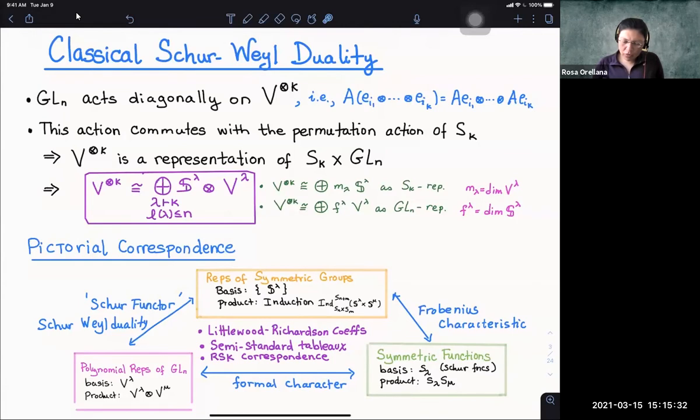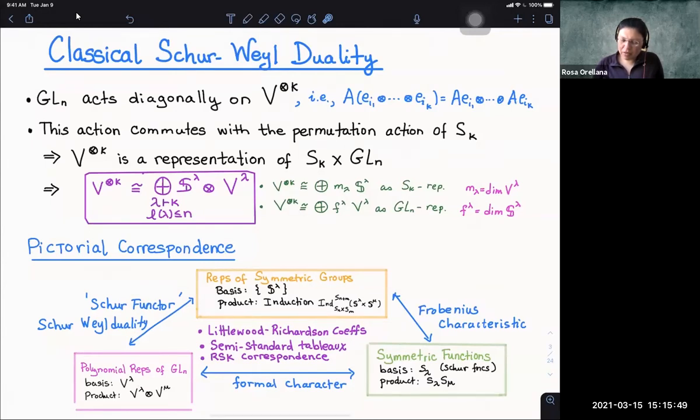When you multiply here, you take the tensor product of two irreducibles. When you induce here, or when you multiply this, the structure coefficients turn out to be the Littlewood-Richardson coefficients for all three products.